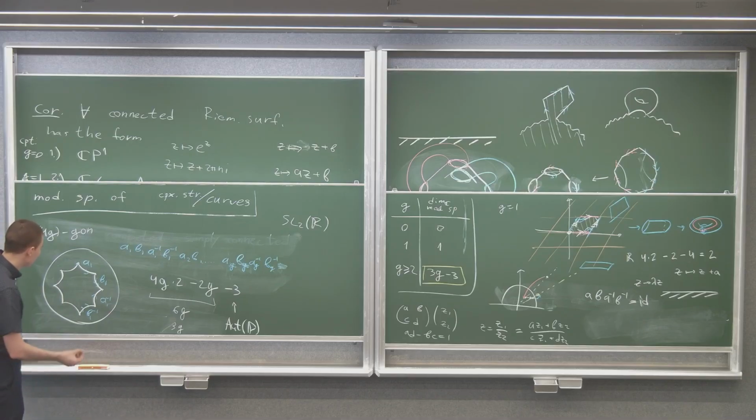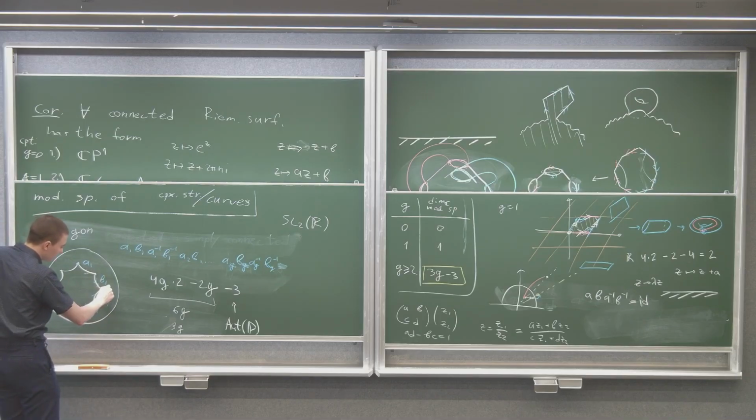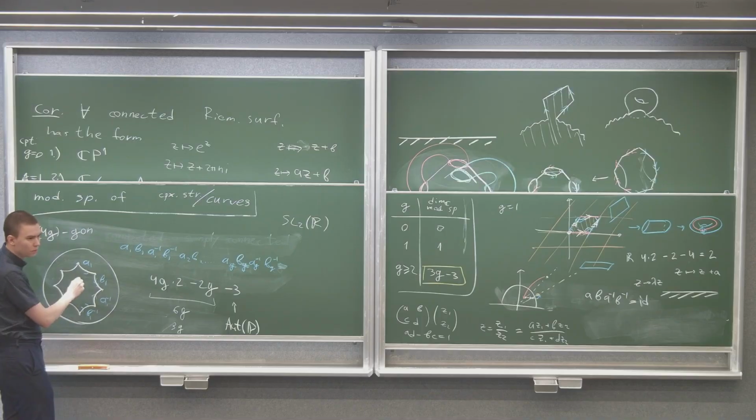That means taking some point, say this initial point, along different transformations inside SL2R is a non-trivial operation.